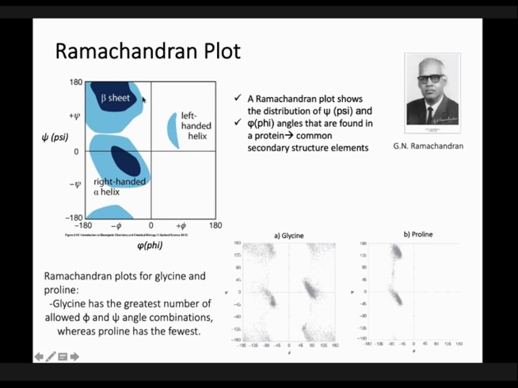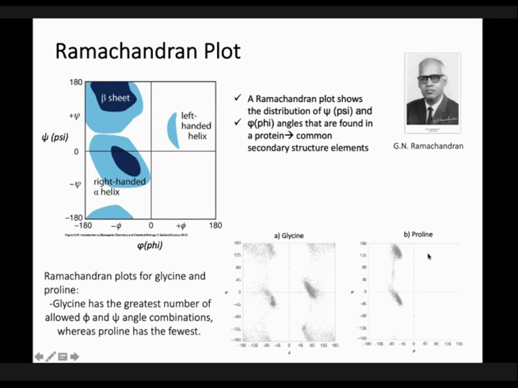So he realized that each angle behaves differently, and you don't need to know how to read the Ramachandran plot, but you should know that this is useful to predict how a protein will be if they have more beta sheets, alpha helix, etc. For example, if you have glycine, this is a Ramachandran plot, you can have beta sheets, you can have right-handed alpha helix, etc.